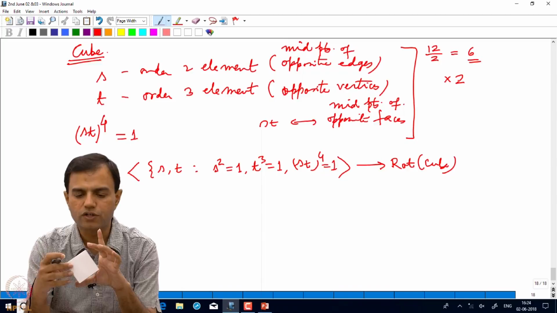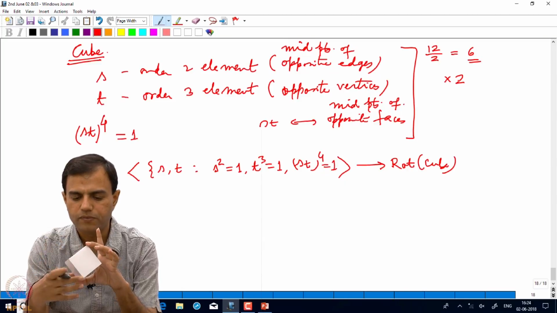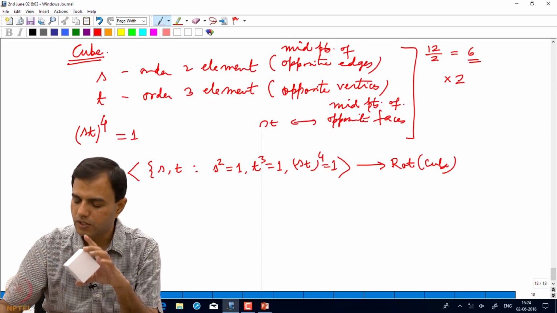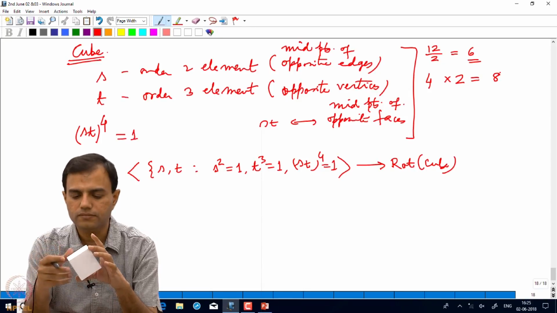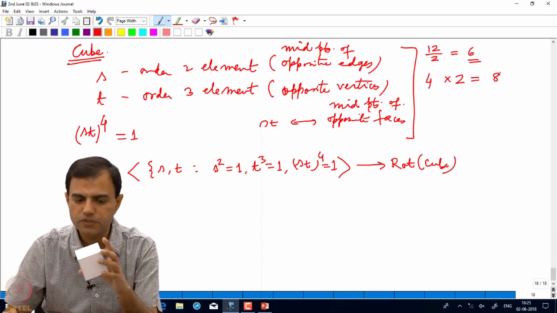And how many pairs of opposite vertices are there? There are a total of 8 vertices, 4 up, 4 down. So I will get a total of 4 into 2, which is 8. And what about opposite faces?